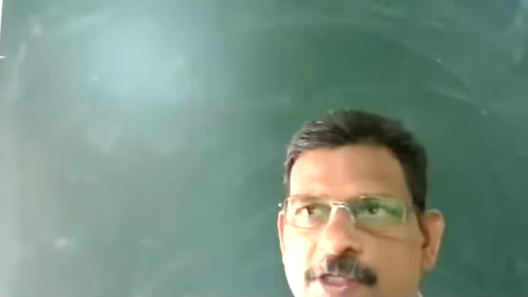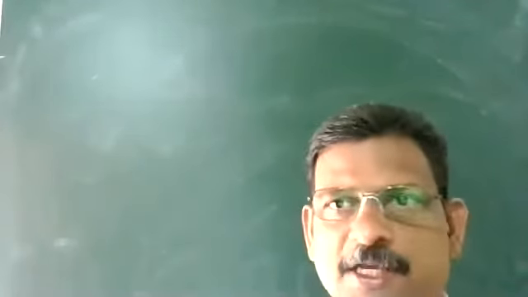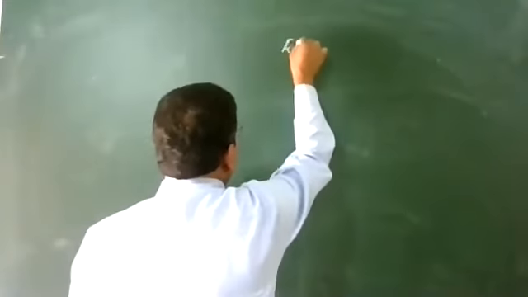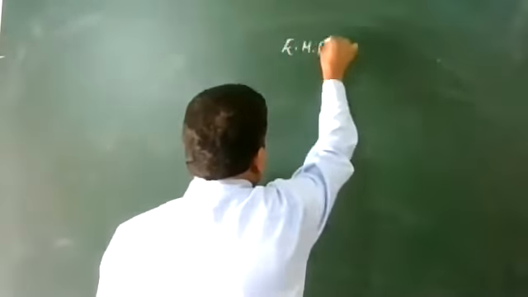So today we are going to discuss EMF, terminal potential difference regarding a cell, and combinations of cells in series and parallel. When you design a cell, what is the definition of EMF? What is EMF?